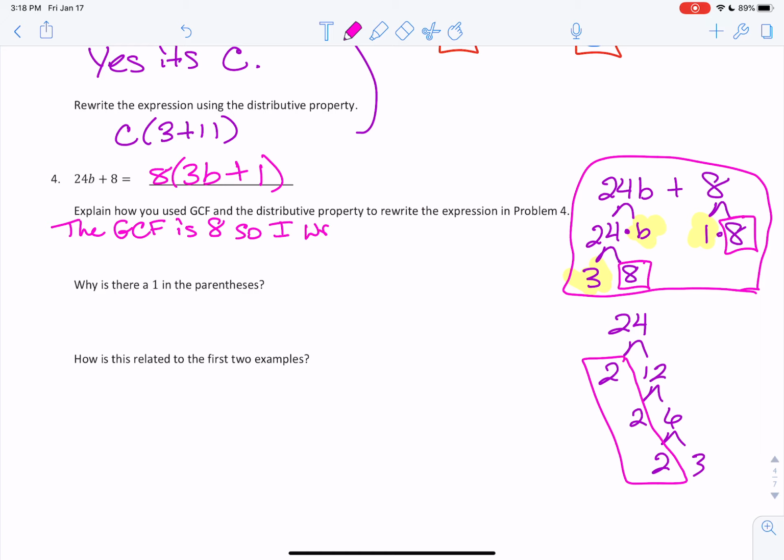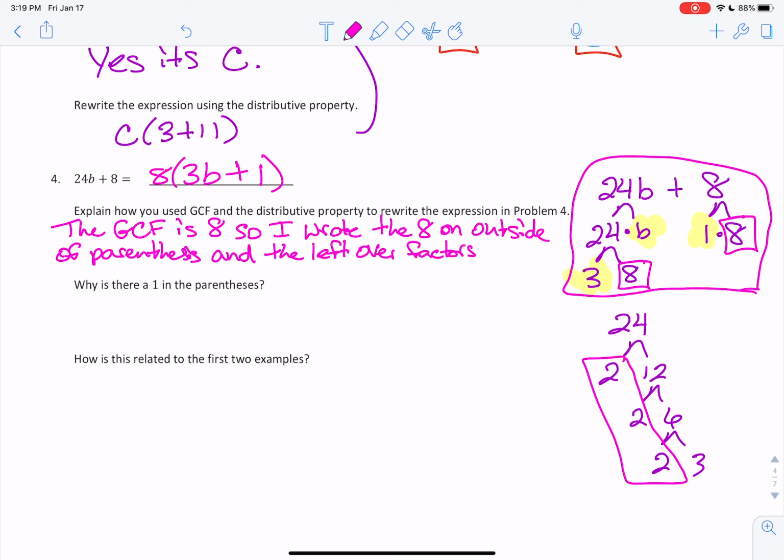I wrote the 8 on the outside of the parentheses, and the leftover factors, 3b plus 1, on the inside of the parentheses.